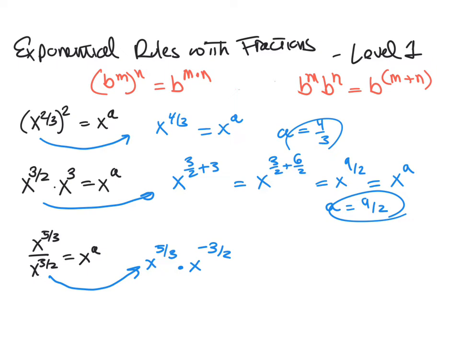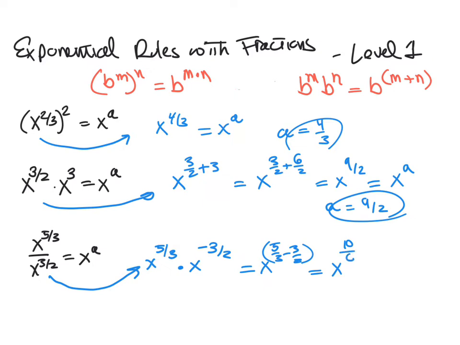And now I'm going to follow the same rule I followed in the previous one. We're going to add these exponents together. We have the same base multiplied together. So this is going to be x to the 5/3 minus 3/2, all up there in the exponent. Fraction stuff, huh?